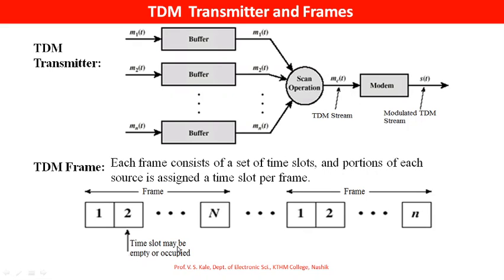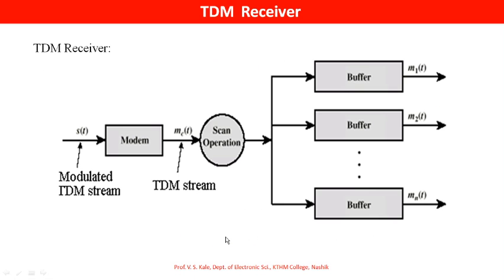So a time slot may be empty or occupied. Sometimes data may not be sent, or maybe data is present in that time slot. So this is about the TDM transmitter block diagram, and the second one is the meaning of frame. These frames are sent one after the other.